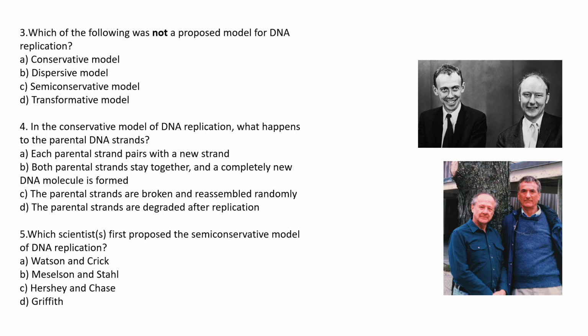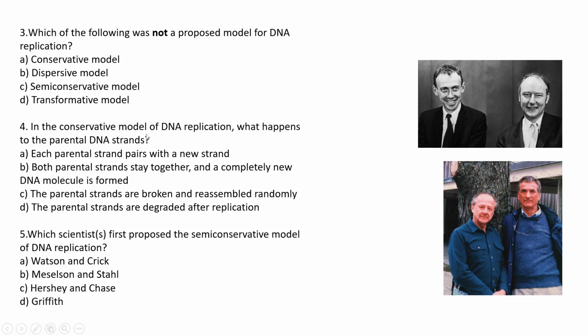But because they had figured out the DNA structure and had seen these repeating units, they thought, okay, there seems to be complementarity, so there's a possibility of a semi-conservative nature in DNA replication. They hypothesized that. But Meselson and Stahl were the ones to actually perform the experiments, while the people who proposed it were Watson and Crick.